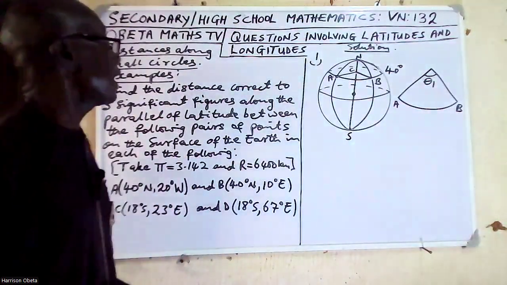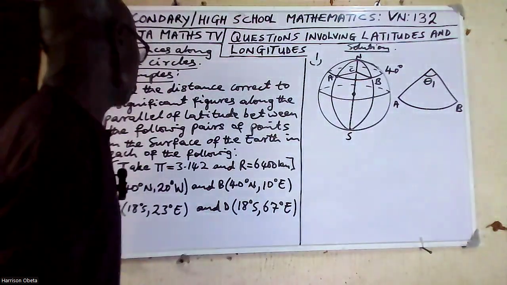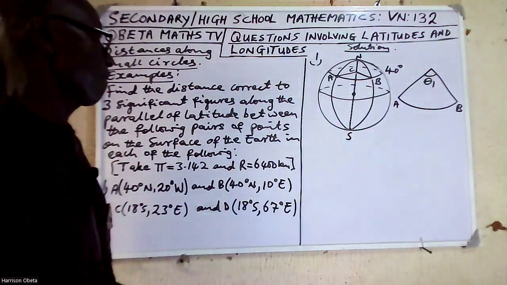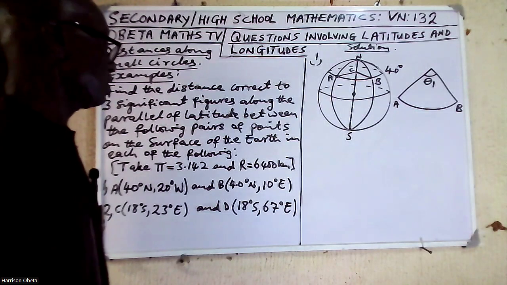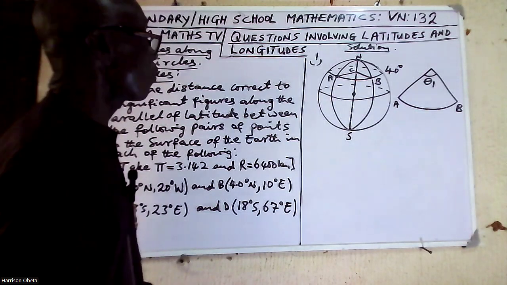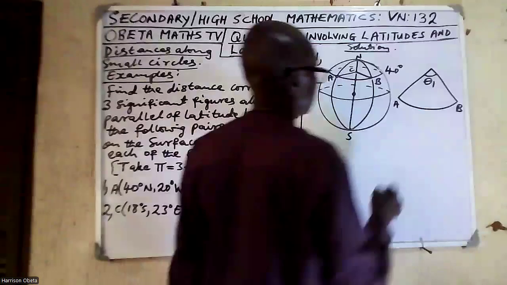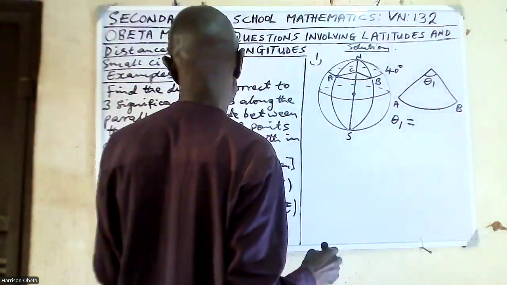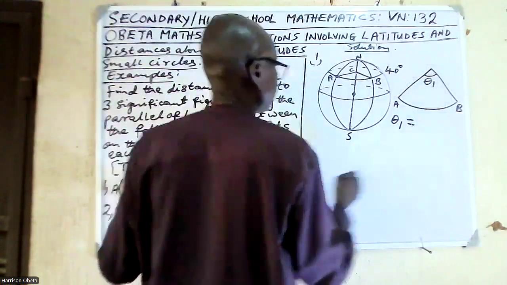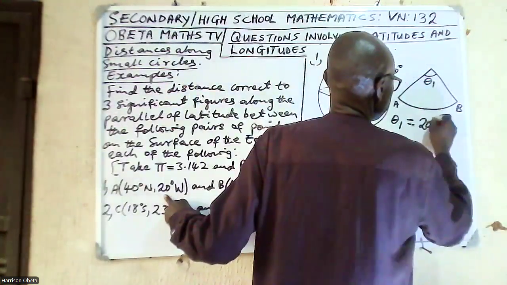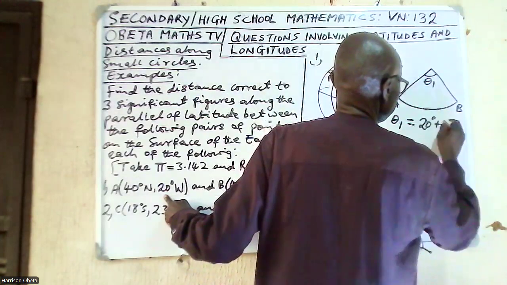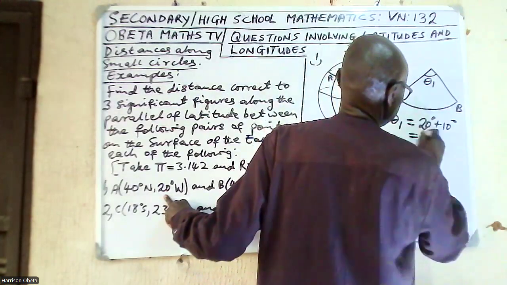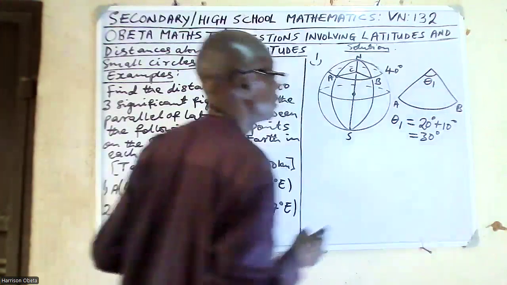That is the angular difference. And then since we know that it is east and west, and the distance is along the parallel of latitude, east and west we have to add. So theta 1 is equal to 20 plus 10. 20 degrees plus 10 degrees, and that is 30 degrees.